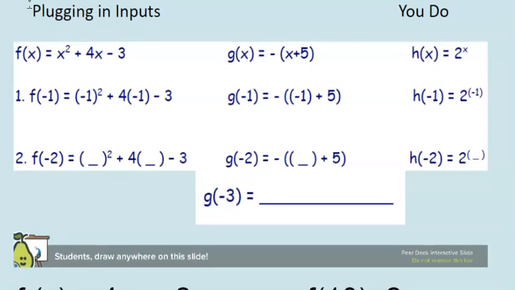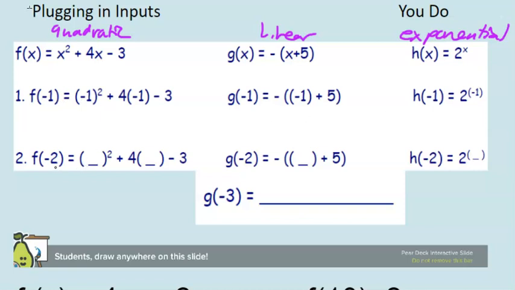Okay, now you do this one. Draw the slides. So you're given 3 different functions here, a quadratic, a linear, and an exponential. And negative 1 is done for you.